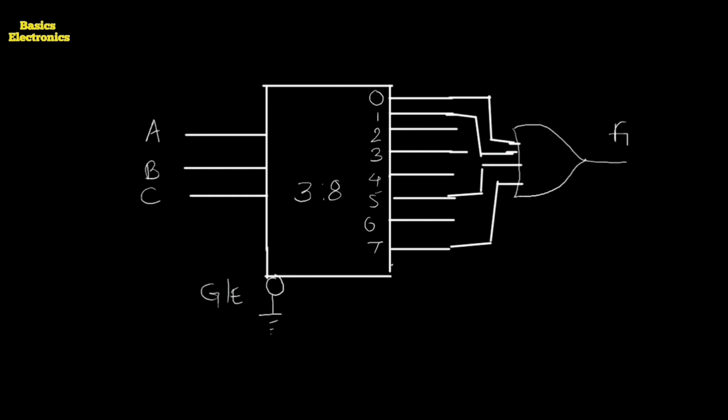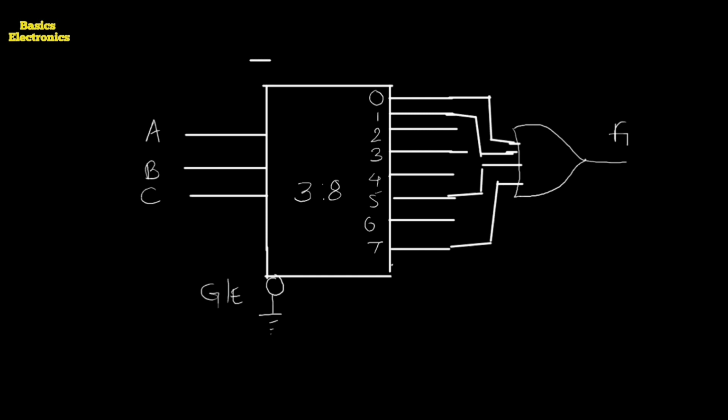Next time we will see the example by using the truth table. In that case, we have to implement the logical equation by using the decoder, but here the equation is given.